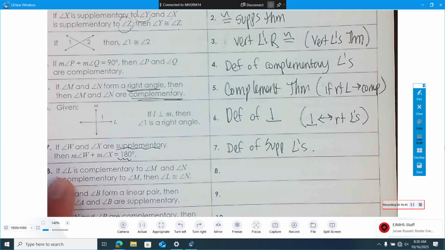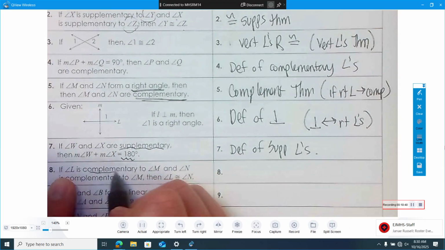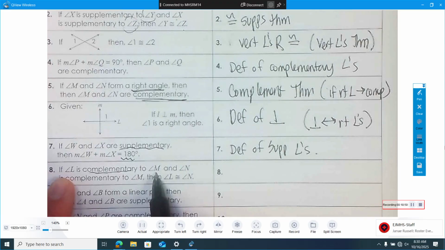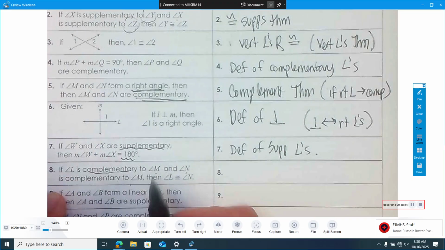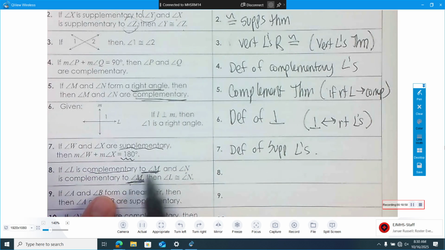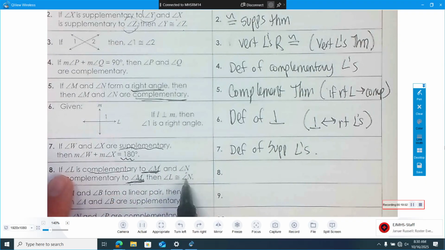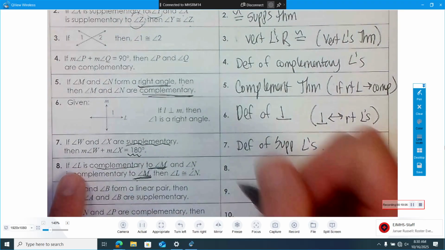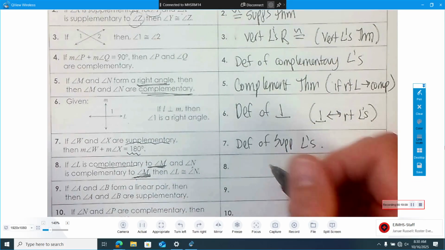All right, number 8. If L is complementary to angle M and N is complementary to angle M, so we have two angles that are complementary to the same angle, then those two angles are congruent. What theorem is that? Congruent complements theorem. Yes.